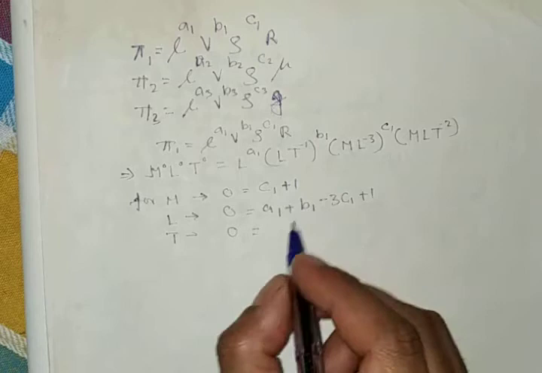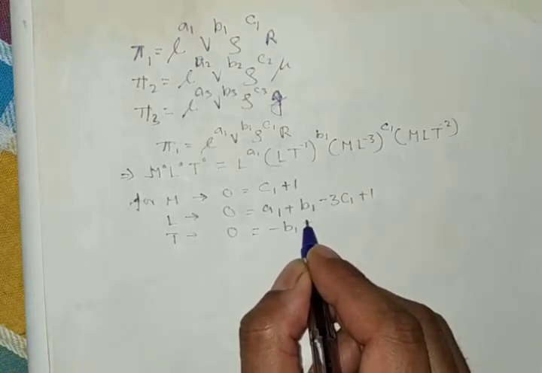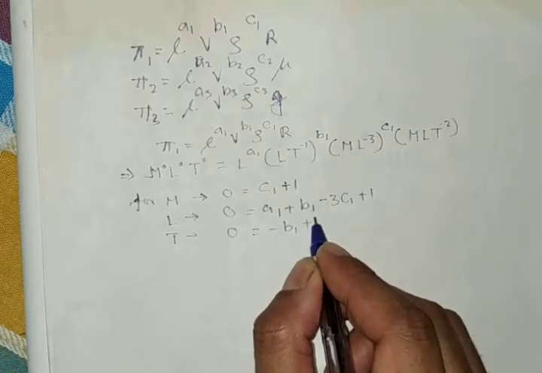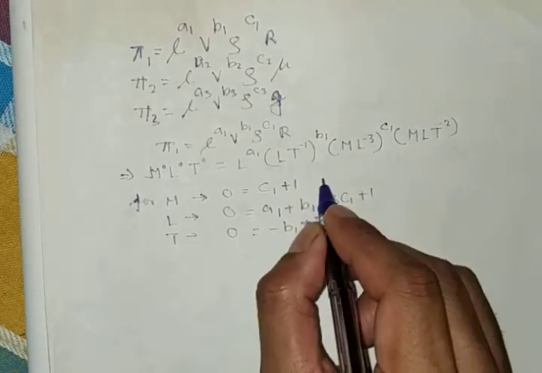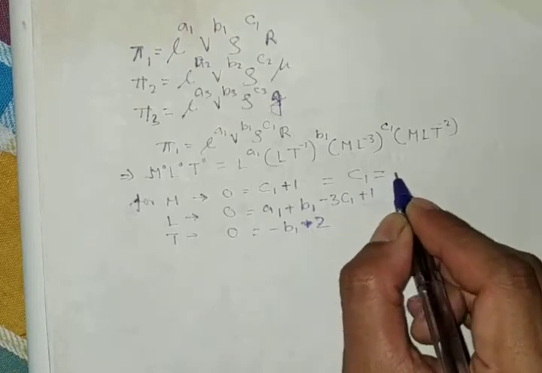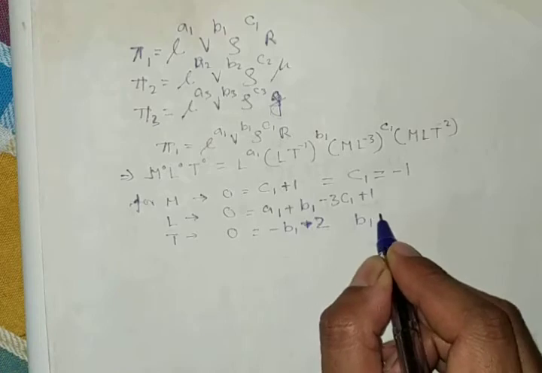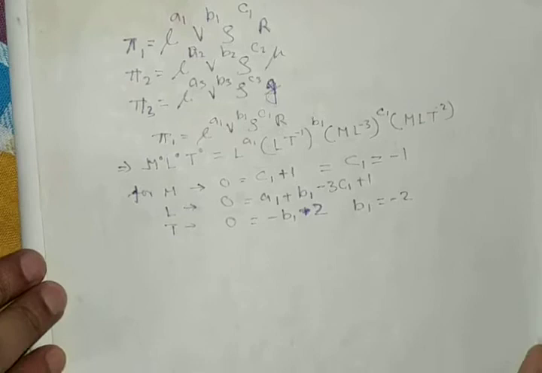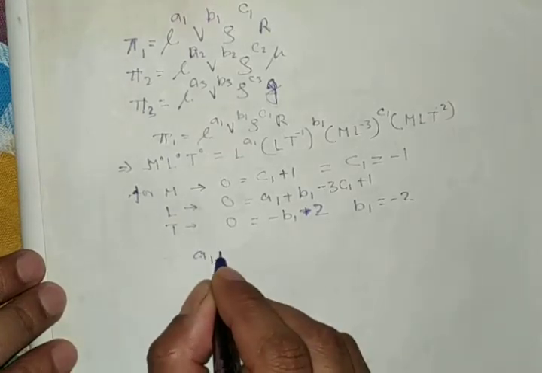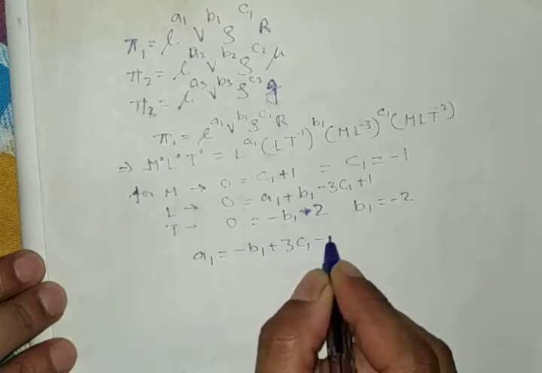So from this you are getting C1 is equal to minus 1 and B1 is equal to minus 2. So your A1 is equal to minus B1 plus 3C1 minus 1.